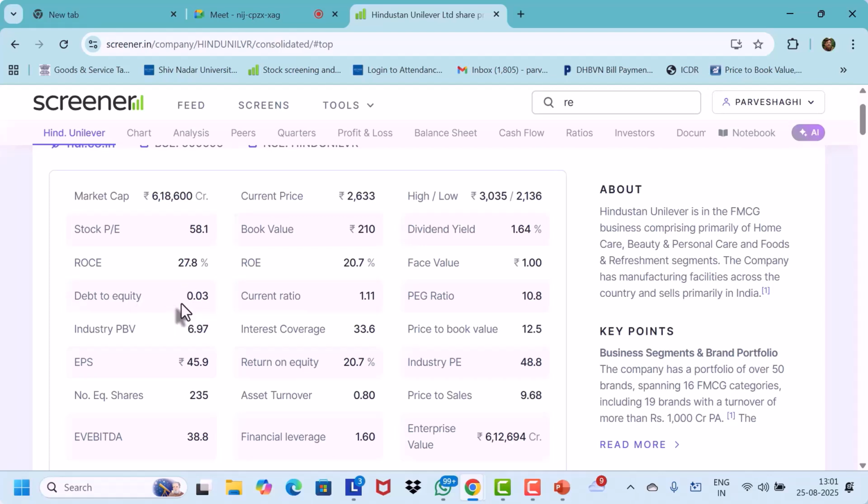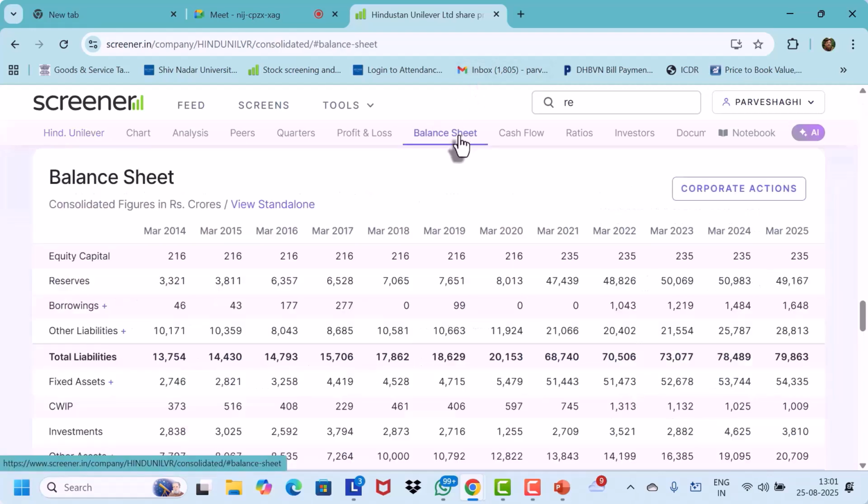Now we can just check that. We go to the balance sheet and go to the debt part. Debt is how much? Shrishti, what is the debt level? 1648 crores, sir. And what is the equity?